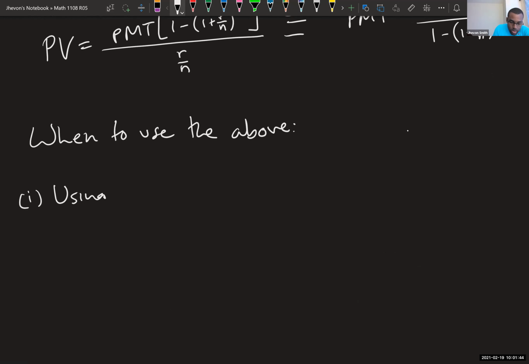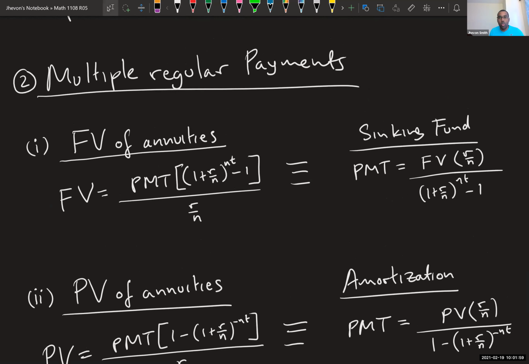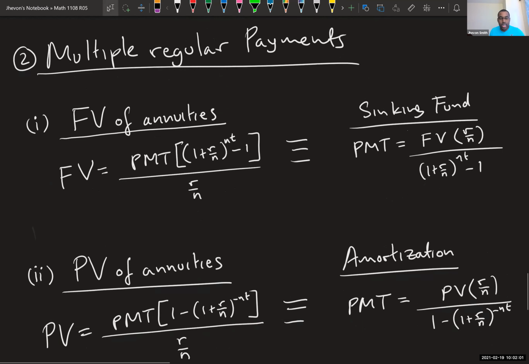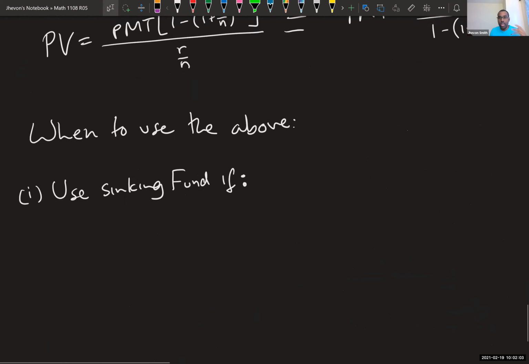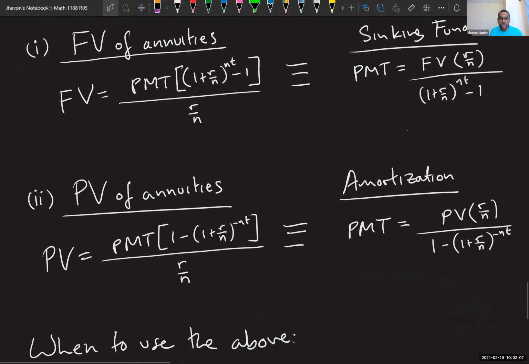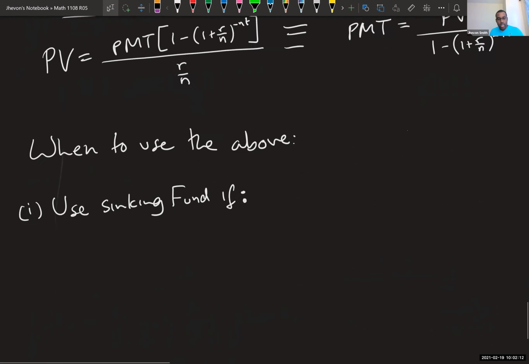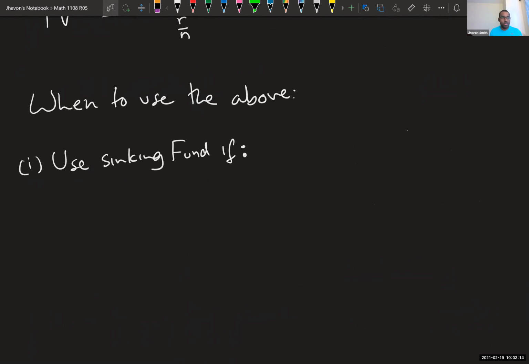Use sinking fund if, okay, so here are the scenarios where you want to use formula 1 in a problem, right? So you know it's a repeated payment problem. And so it's obviously going to be one of these two formulas or some variation of one of these two formulas. So which formula? So use sinking fund for the following reason.